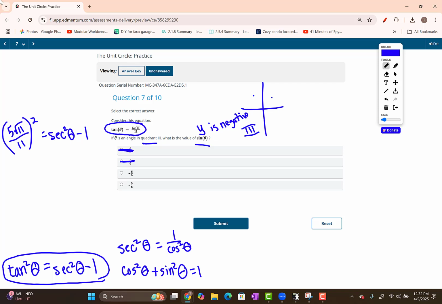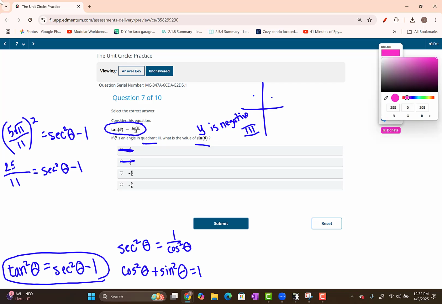If we square everything in the parentheses here, we get 25 times 11 over 121. Well, I know 11 over 121 just reduces to 1 over 11. And then we're just left with 25 over 11. So I can get rid of that times 1 altogether. Let me write that 11 a little better. And then let's finish solving this.